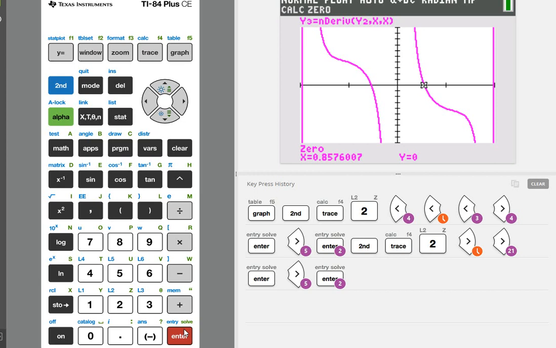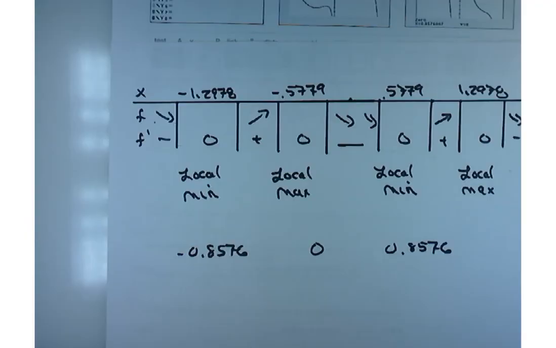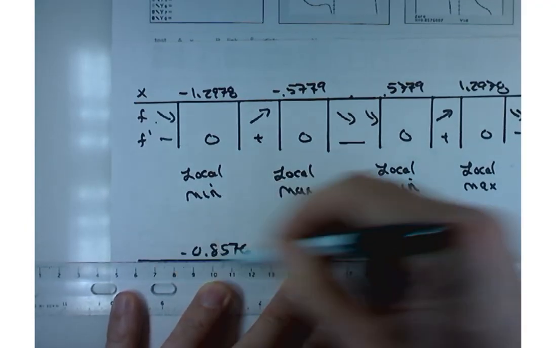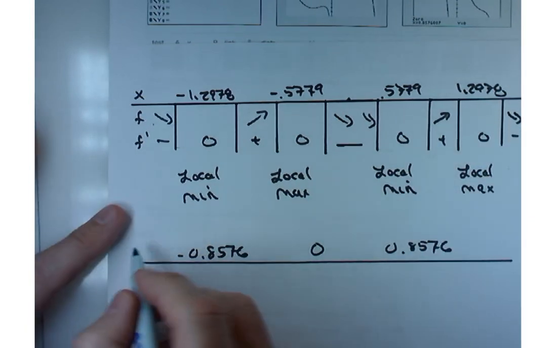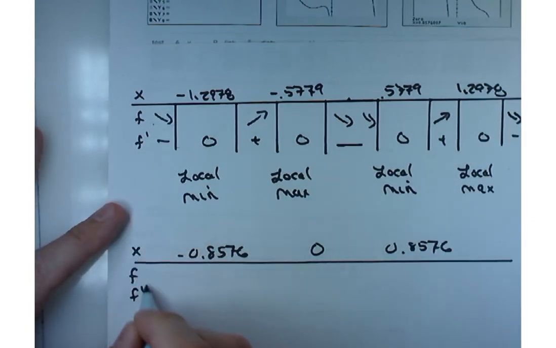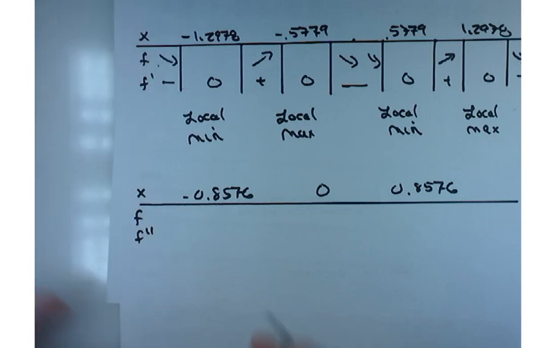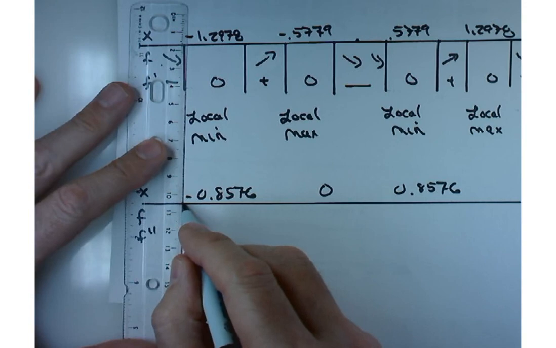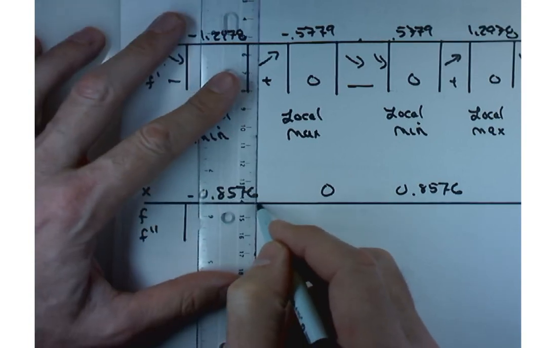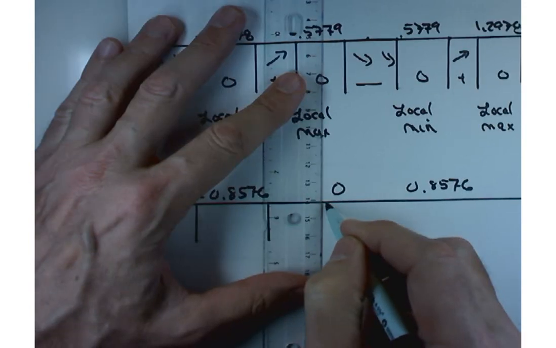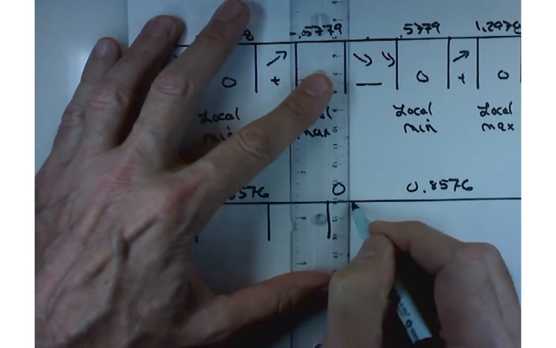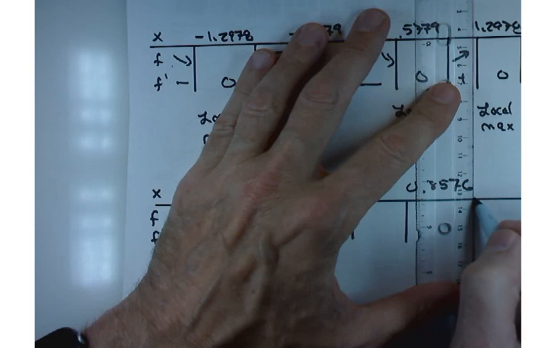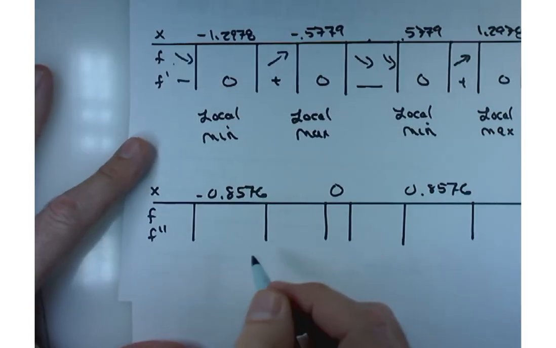So we're going to make another table for this graph. X, f, f double prime. So the function is 0 here and 0 here.